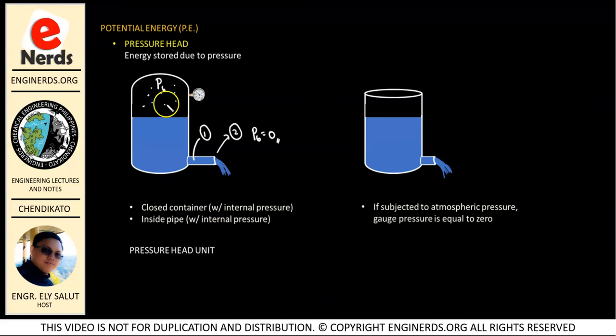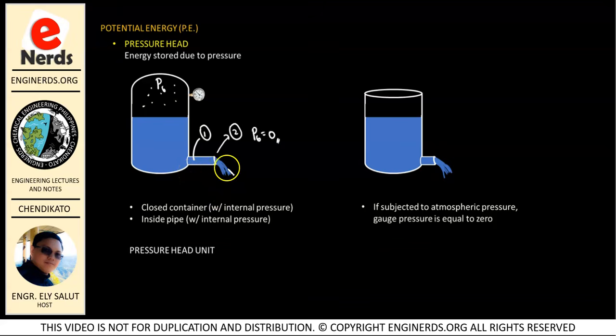Okay, so yung pressure natin dito is no longer acting dito sa ating fluid once it is exposed to the atmosphere. So to be clear, dito sa point 1, our fluid is not subjected to the atmospheric pressure, but rather it is subjected to the internal pressure. So yung pressure dito sa ating system. But once it was released to the atmosphere, naging malaya yung fluid natin.